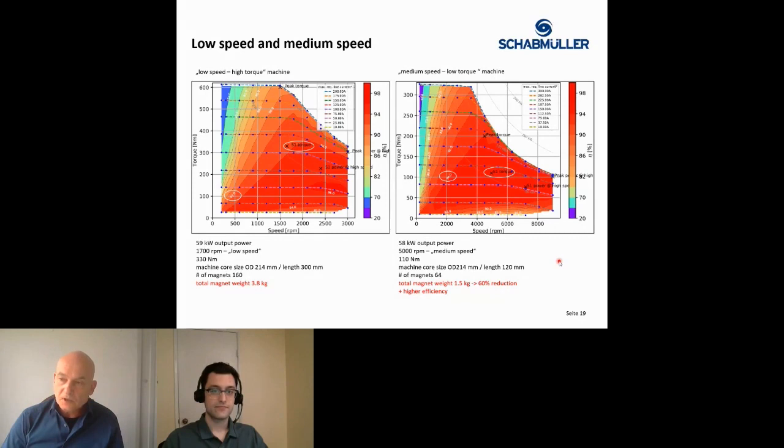Typically, you need a way to transmit your energy to the rotating part. In the past, this has been done with slip rings. So you have carbon brushes on slip rings, transferring your energy to the rotor.